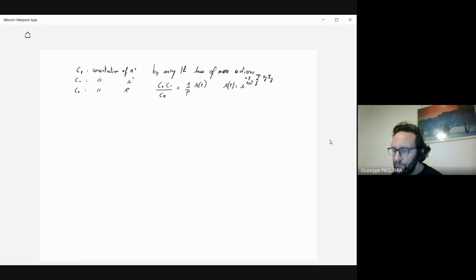Okay? So what we need to compute A of T are the three chemical constants, chi plus, chi minus, and chi zero, to be determined. Okay?